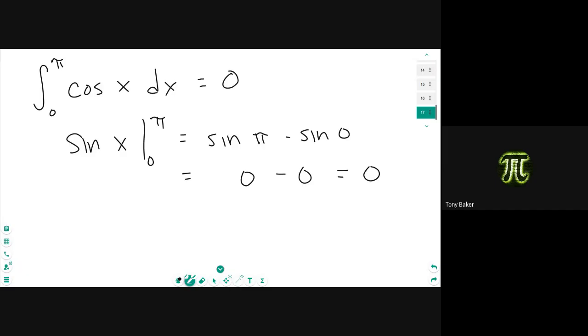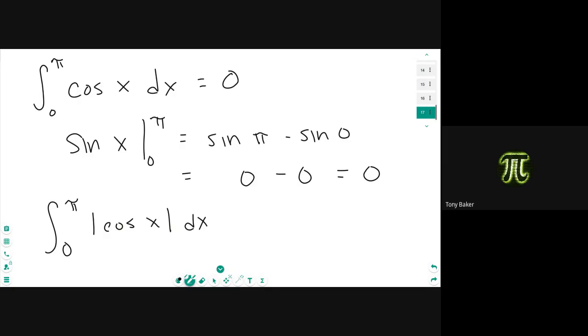Sometimes when you're looking at this, what we want to do is we actually want to do the absolute value of cosine of x. That way you're going to get the area of both of them split. However, the way this is written, I need to actually split this up. Because I'm looking for the absolute value of cosine of x, I want to split it up into the two pieces.